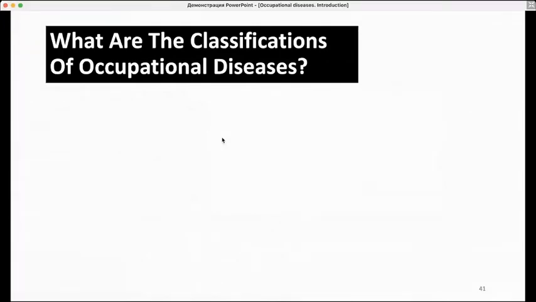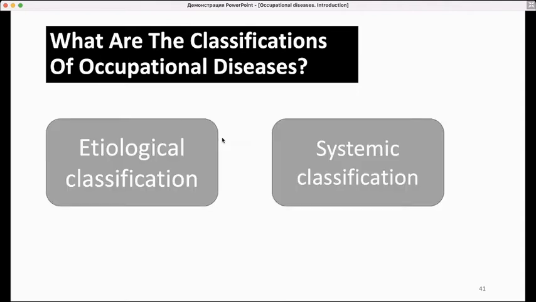What are the classifications of occupational diseases? Generally, there are two approaches to classify occupational diseases. First is based on the etiological principle, and the second approach is based on the systemic principle.